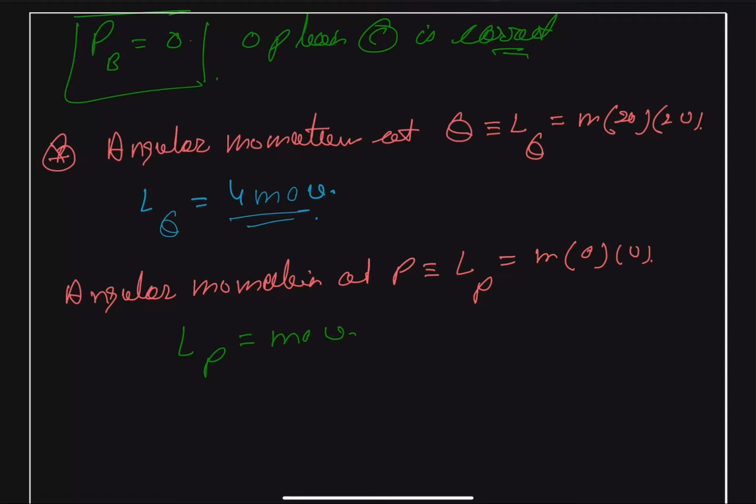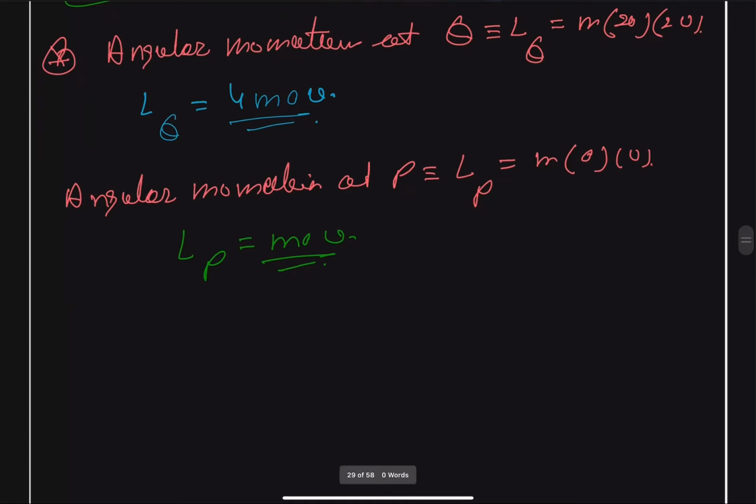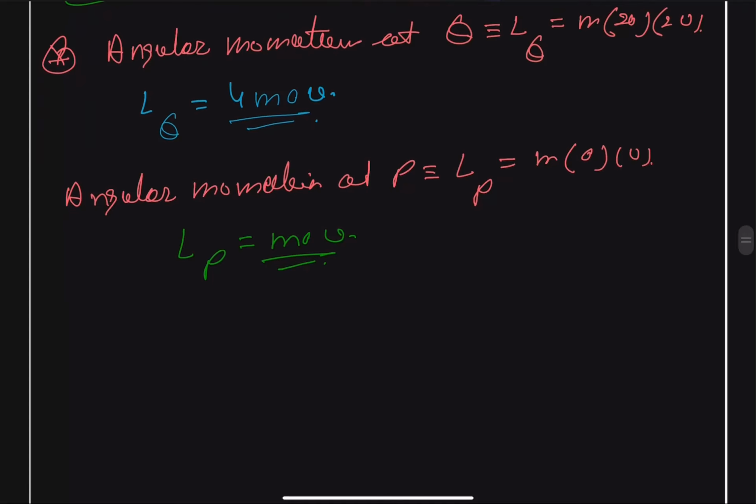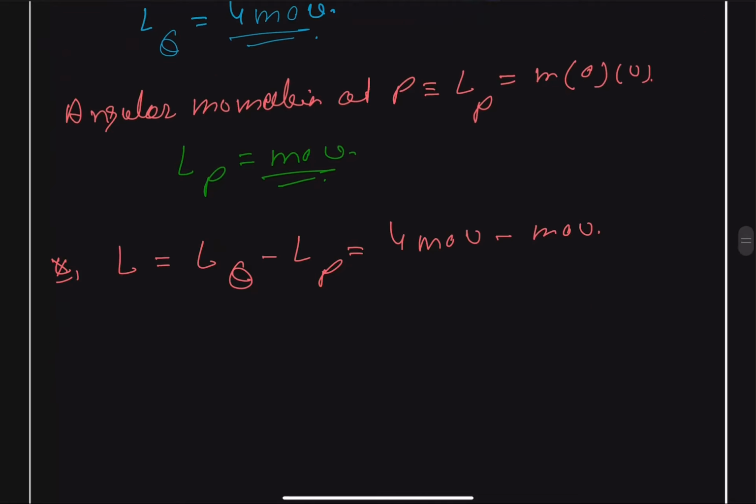We have to find out the difference. So delta L is equal to LQ minus LP, that is 4MAV minus MAV, and it comes as 3MAV.